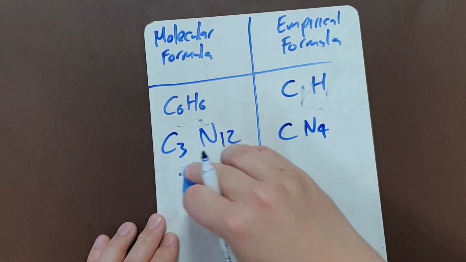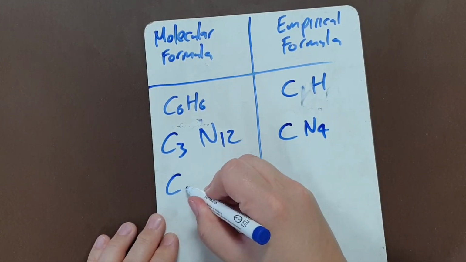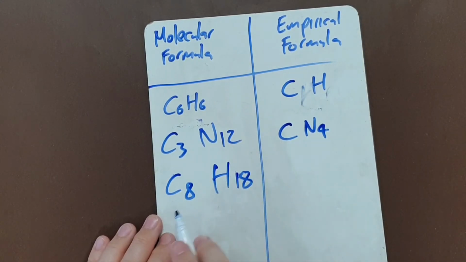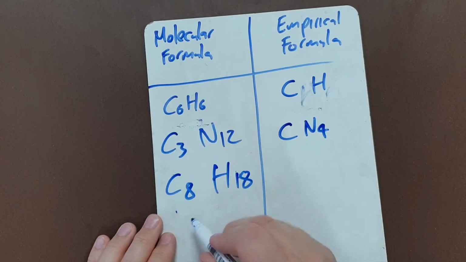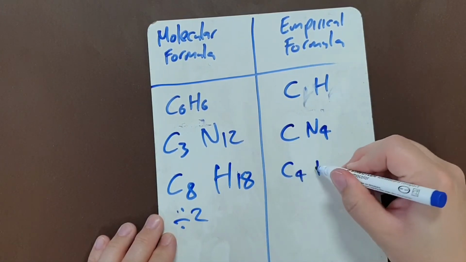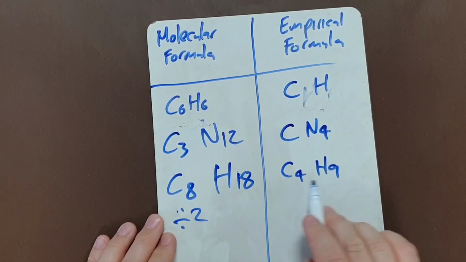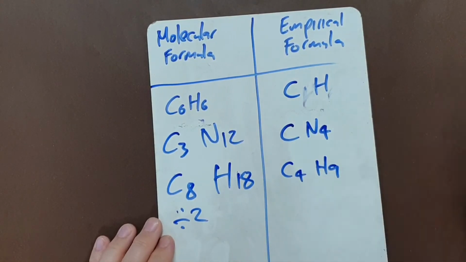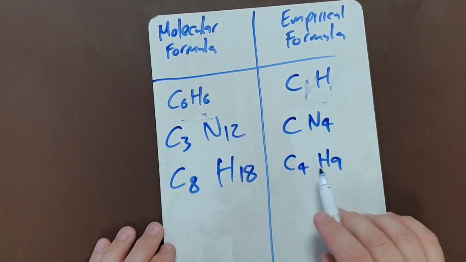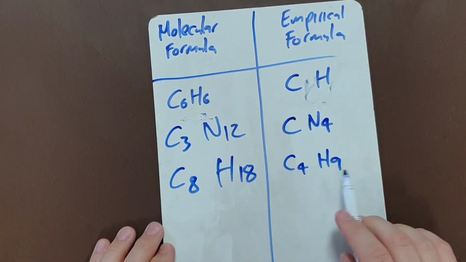So if we had C8H18, what's the largest number that both of those can be divided by? It's 2. So we divide by 2, which means we get C4H9. And we can't simplify that any further. 4 and 9, you can't simplify that anymore, because there's no number that divides both of those.